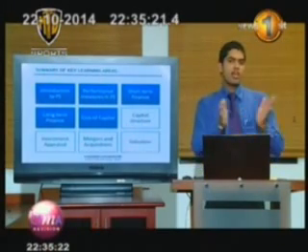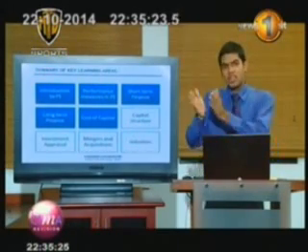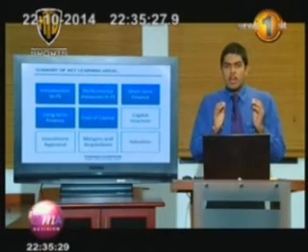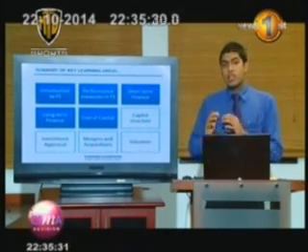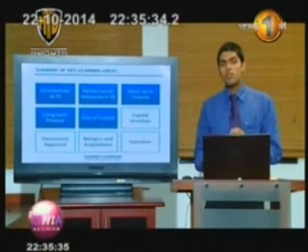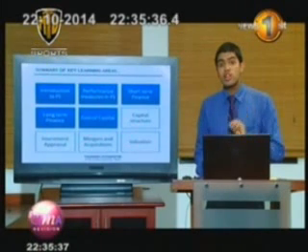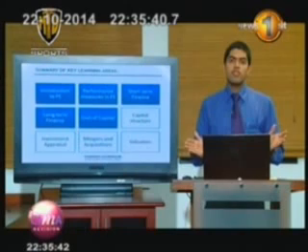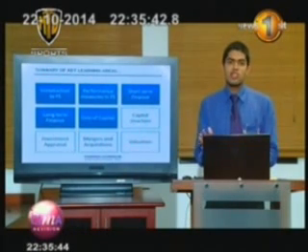Remember, we said in financial strategy there is investment, financing and dividend. Investment decision will be focused on by the financial control area. The financing decision will be focused on by an area called treasury. And it is the treasury operations of a company that will focus on the capital structure of the company.